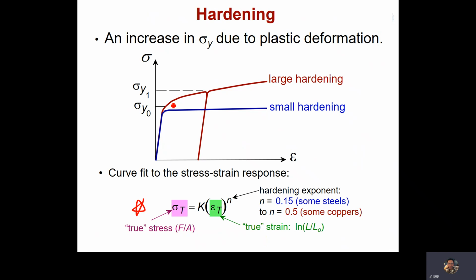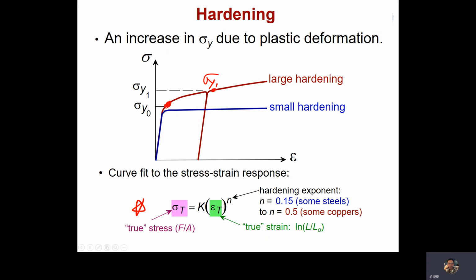The second yielding stress is higher than the original one, right here. The reason is that the dislocation density increases during the plastic deformation, which enhances its yielding stress.